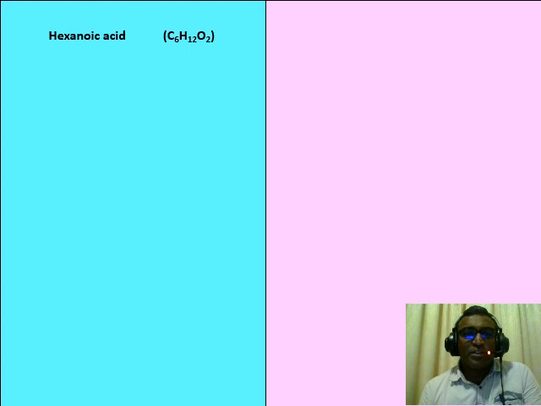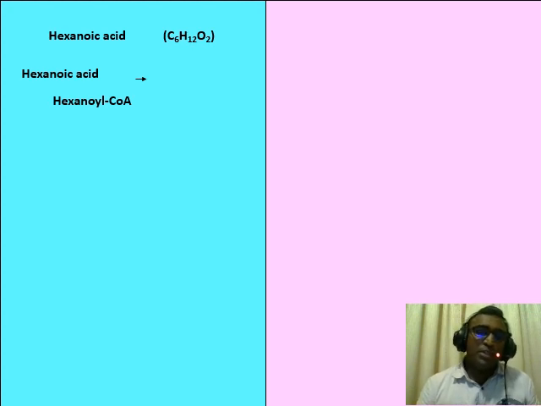So we will use hexanoic acid, a fatty acid with 6 carbons, and compare it with glucose, which also has 6 carbons. Hexanoic acid will first be activated, and compared to palmitic acid, here you lose only 1 ATP in the activation of hexanoic acid, since it is shorter than palmitic acid.